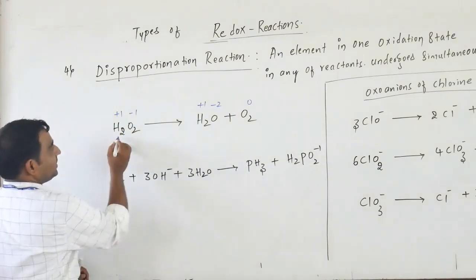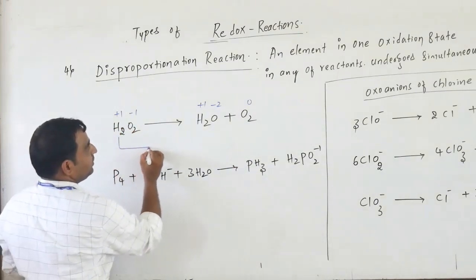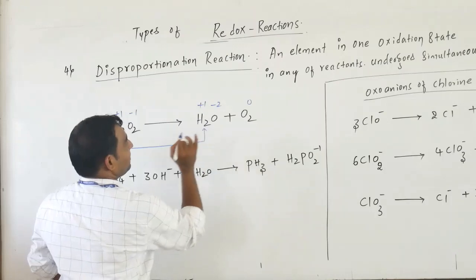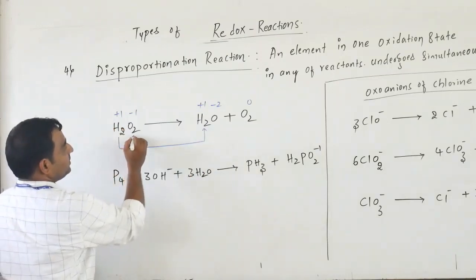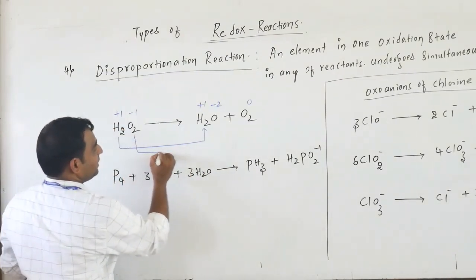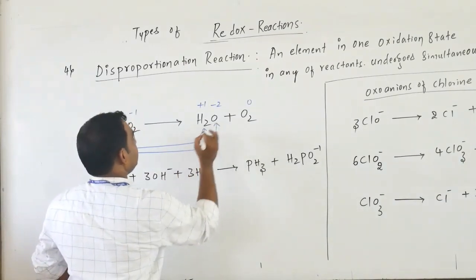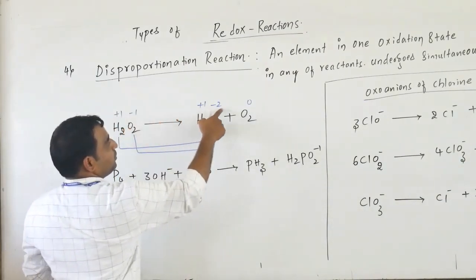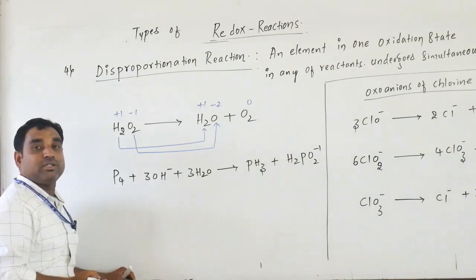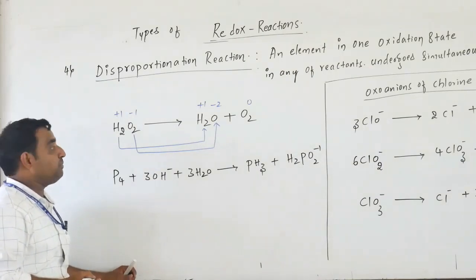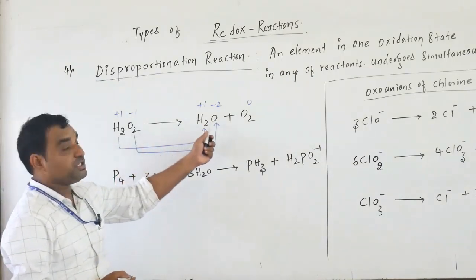So now hydrogen is +1 converted into +1. Now oxygen is -1 converted into -2. -1 converted into -2 means a decrease in oxidation number, hence reduction is taking place. So now reduction, and that is H2O will be formed.